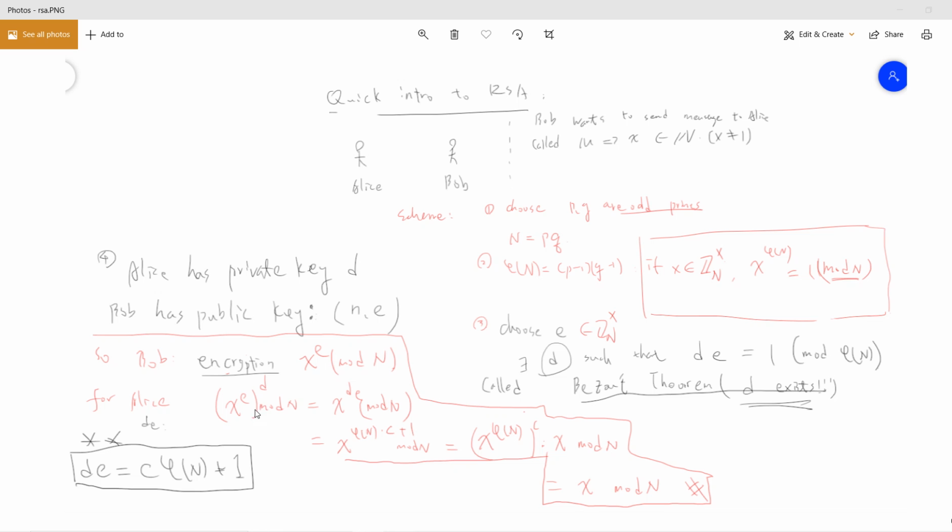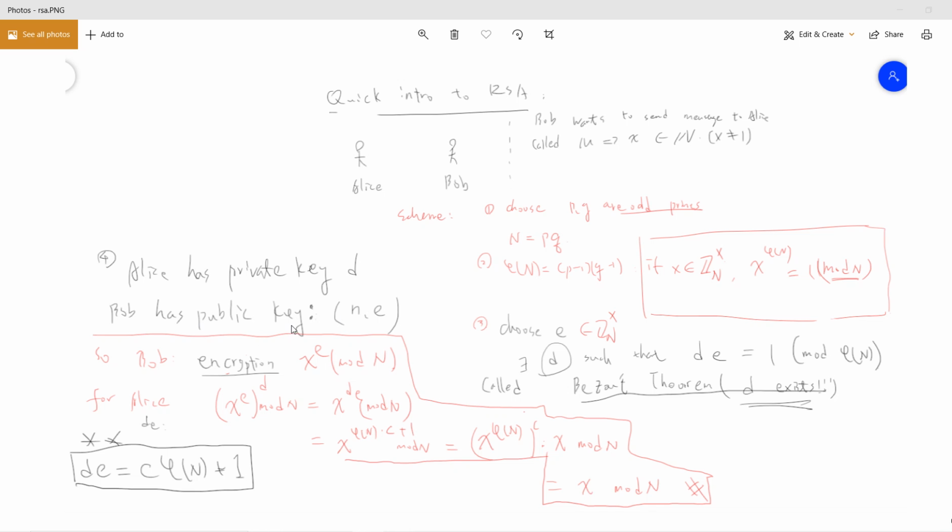Basically, the decryption just takes the message and computes the power of d. So we get x to the power de, and by definition, de is chosen to be 1 mod phi of n. So I can write de as phi of n times c plus 1, mod n. This becomes x to the phi of n to the power c, times x, mod n, and x to the phi of n is 1, right? So it's x mod n. So Alice can go back to get x.